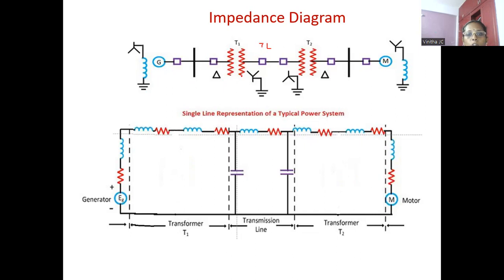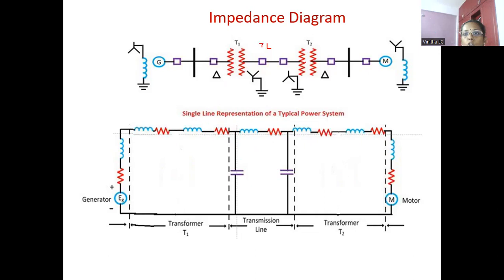And the second component is transformer T1. For transformer T1, we have a resistance as well as a reactance. And then the transmission line, which is represented by a pi equivalent circuit, will consist of resistance, reactance, as well as its corresponding capacitances.